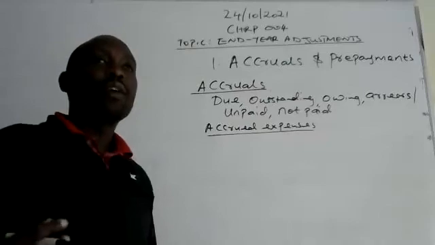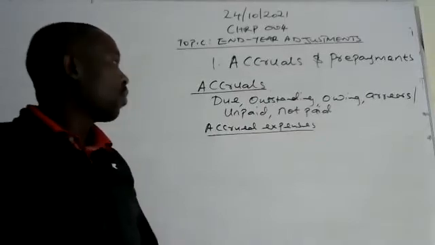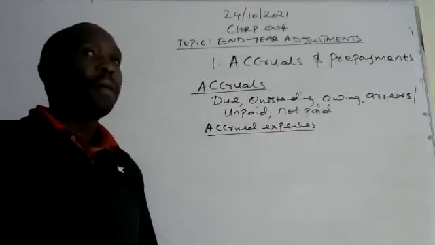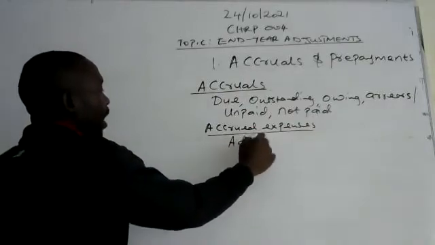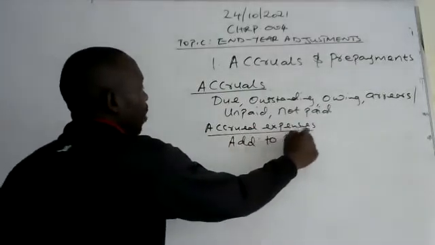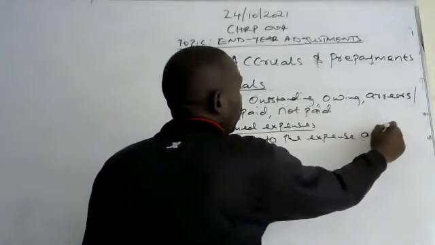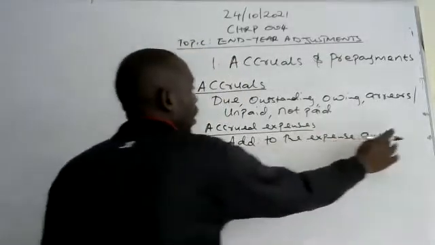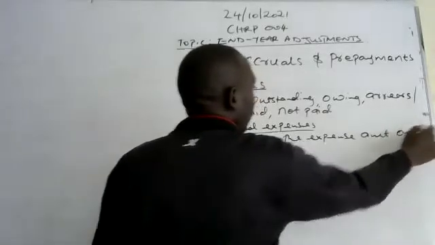So that cost which has not been cleared by the start of the next financial year is considered as an accrued expense. So this expense is normally added to the expense amount on the trial balance.